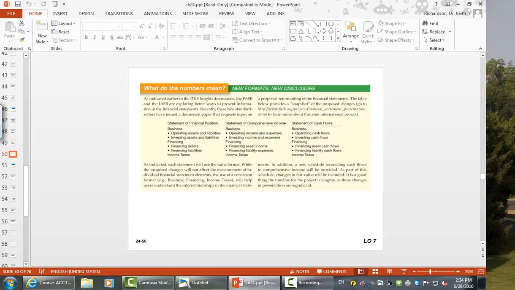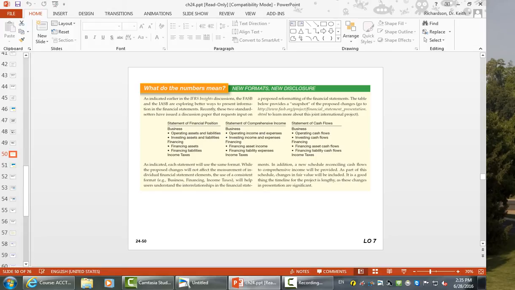And so, international financial reporting standards like to put things in different orders, don't they? Right? Than we do. And it's okay. They separate their balance sheet, statement of financial position, into operating versus investing. It sounds more like a cash flow statement. And then business activities, and then financing, and then the taxes. Comprehensive income looks different too, doesn't it?